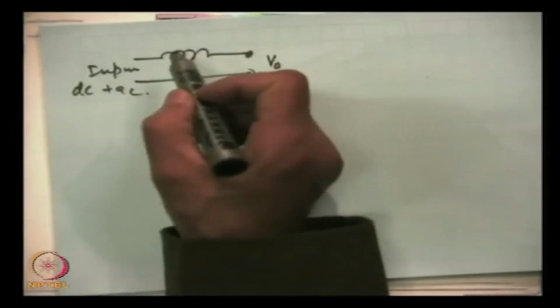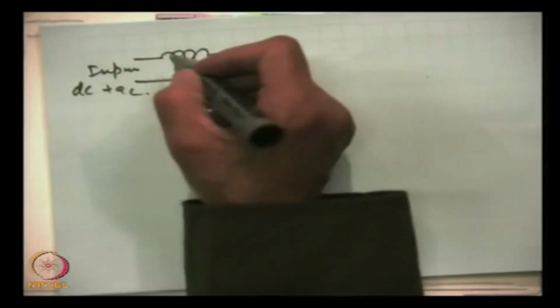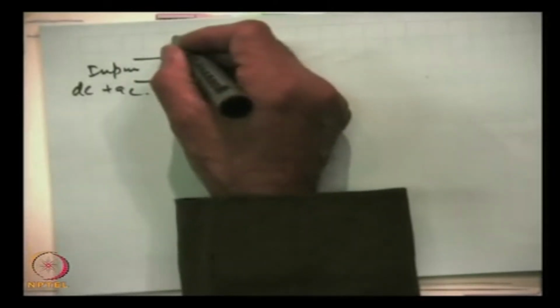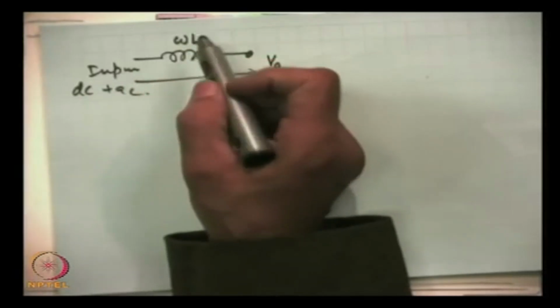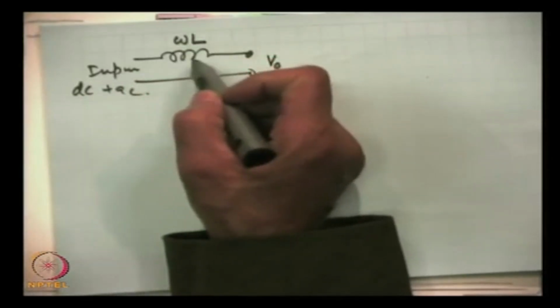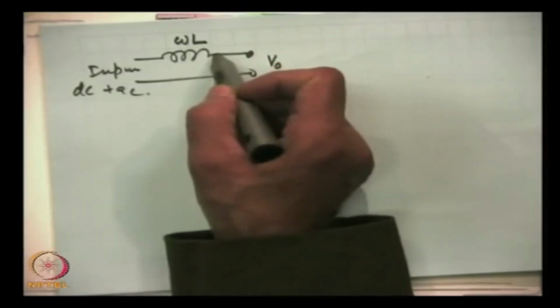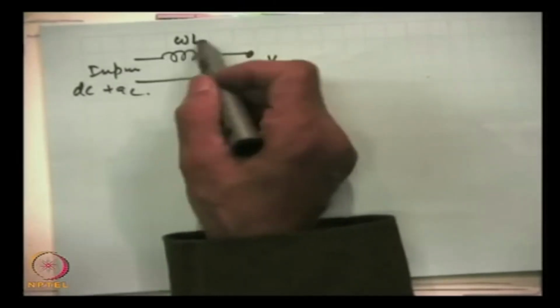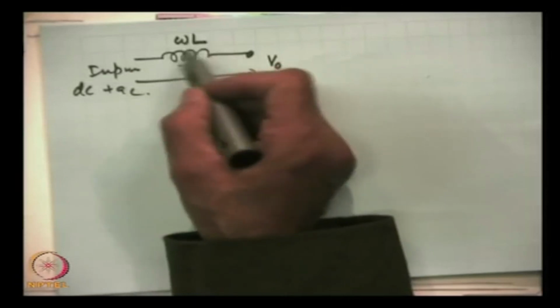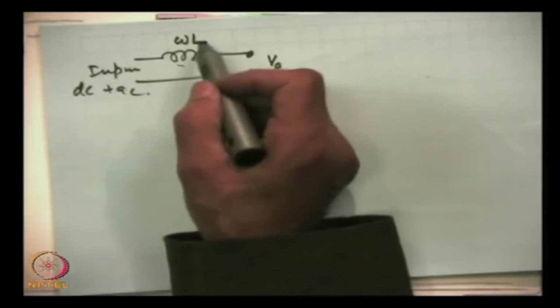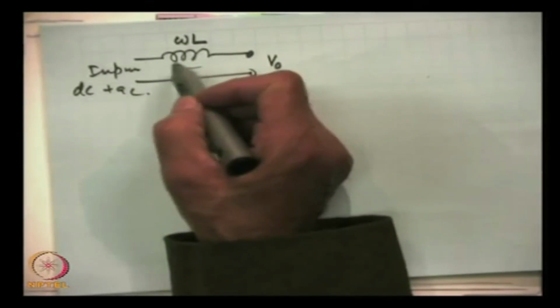This inductor, you know that its impedance for AC is omega L, where omega is the frequency and L is the inductance. For DC, the DC resistance of the coil is very small, while for AC there will be a very finite, in fact large, resistance offered by the inductor.